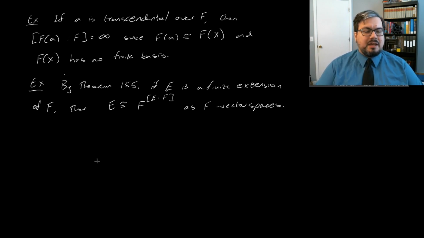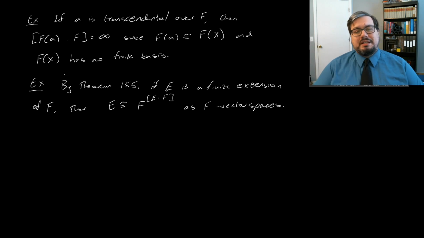And this is because Theorem 155 shows us that any finite dimensional vector space is isomorphic as an F vector space to the vector space F^n, where n is the dimension of that vector space.